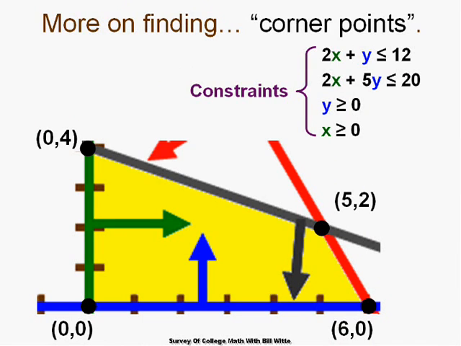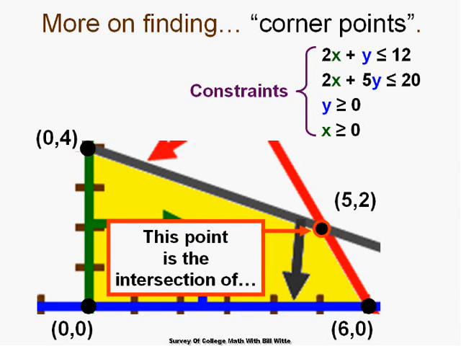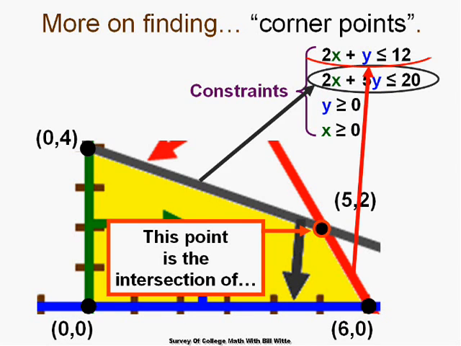You may have to find them yourself because they don't come out all even like this all the time. Consider, especially this one, that that point is the intersection of two lines. This one, the gray one, and this one, the red one.